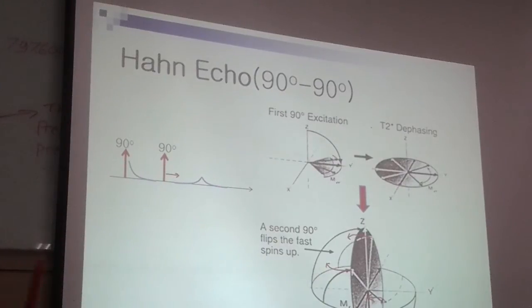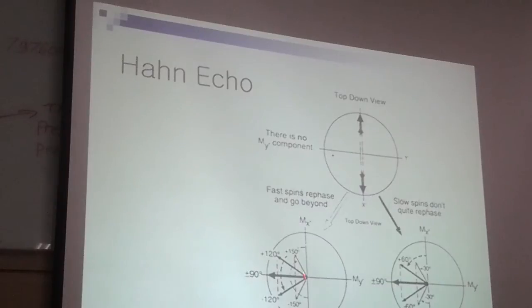As shown here, the maximum signal is not equal to the spin echo, because the spin echo is generated when all spins are in parallel direction, or in phase state. But in the Hahn echo, the signal is not generated by the in-phase state.